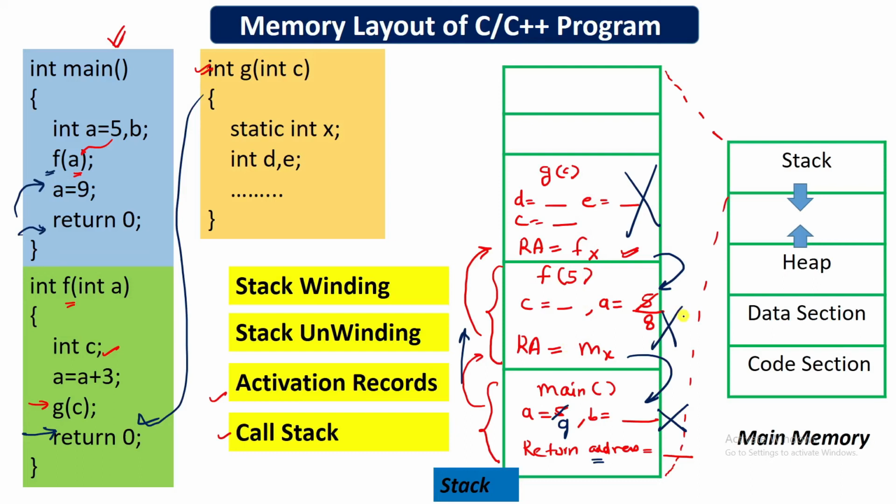Let's move forward. And before this, the static variable of the g function will be stored inside the data section with initial value as 0.